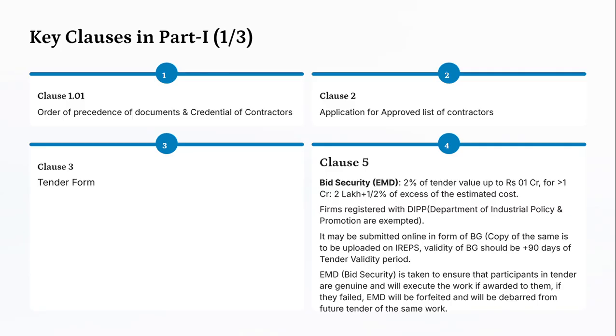It must be checked by the tenderer that if they are submitting their documents, they must ensure that only the DIPP certificate is eligible for the particular work. If it is registered, then you can be exempted from the EMD. Else, on the basis of an MSME certificate, you will not be eligible to get the exemption from the EMD.